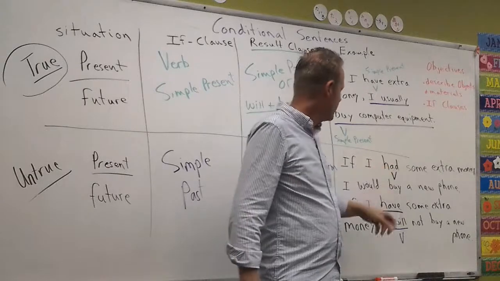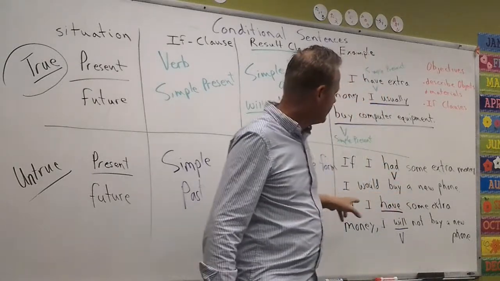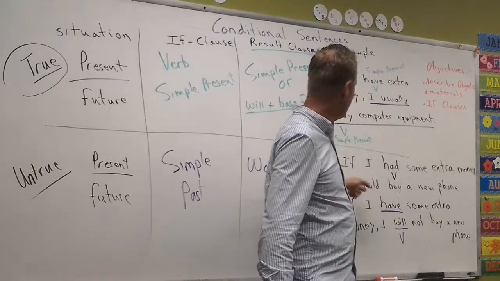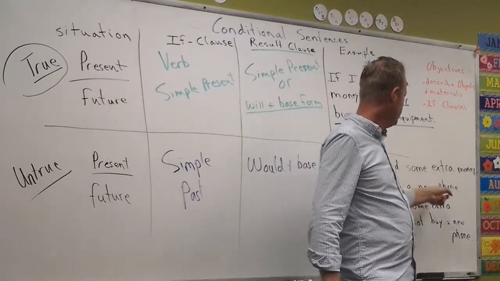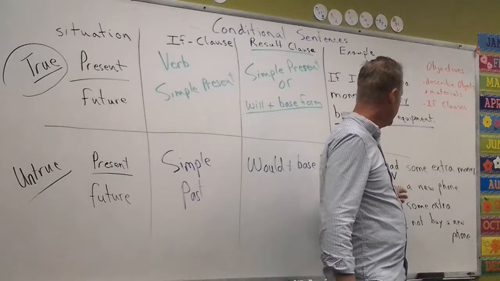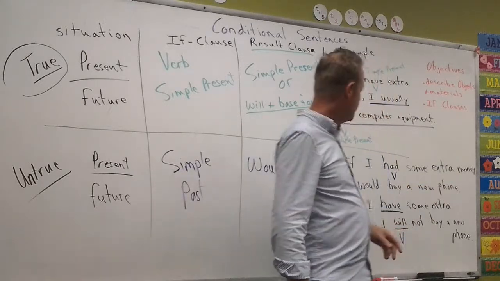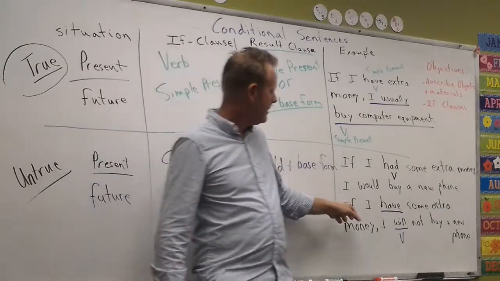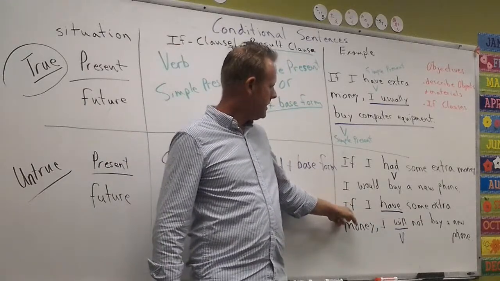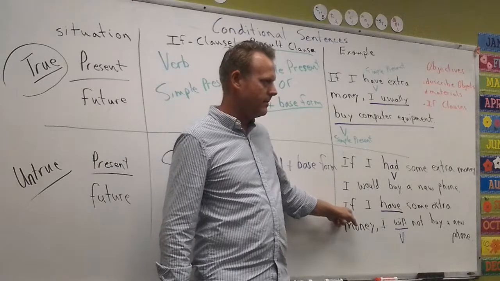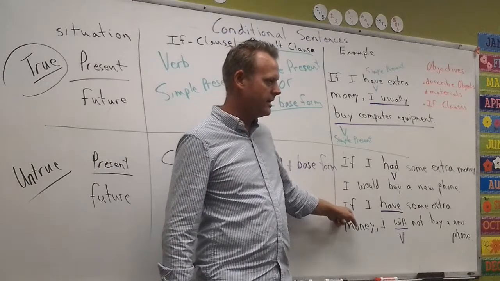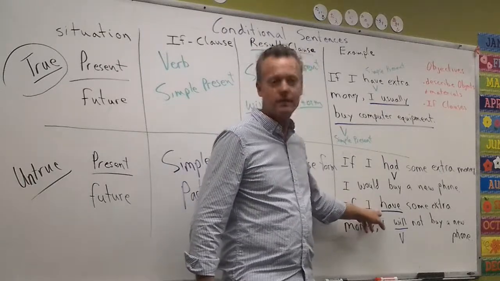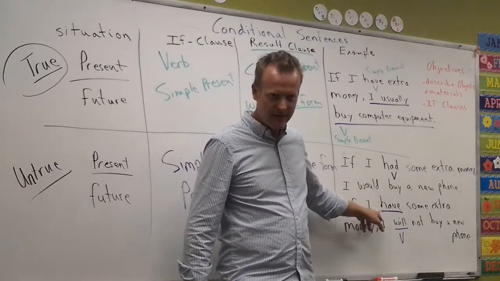But the same meaning. If I had some extra money, I would buy a new phone, or I wouldn't buy a new phone. The difference is a slight difference. Here, it's the idea of it being true depending on the presence of money in your hand.